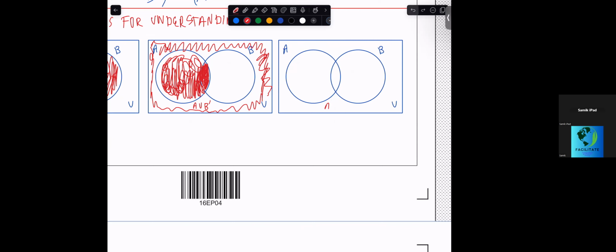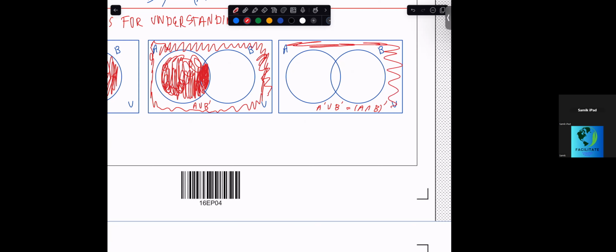Now, if I show you the other one, which I was going to do earlier, A dash union B dash. Now, what does this mean on the contrary? This means A intersection B, dashed, right? So this now means everything besides the shared portion. Everything besides the shared portion.